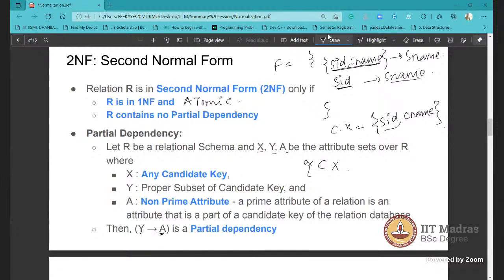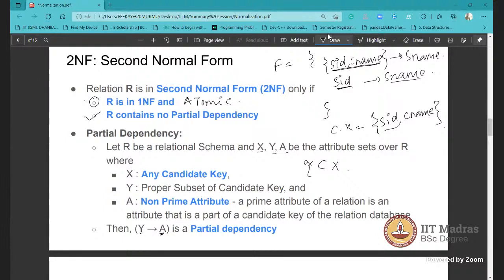The above relation is in first normal form, but it contains the partial dependency. So to make it second normal form, we have to remove the partial dependency.